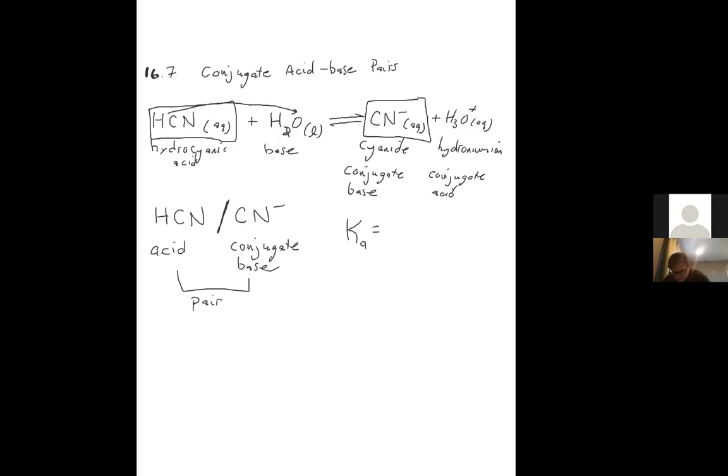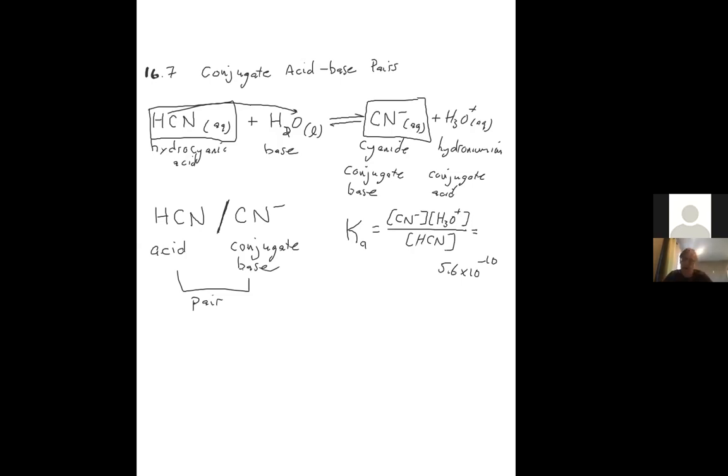So our products are cyanide times hydronium, divided by hydrocyanic acid, right? Products over reactants, water's not included because it's a liquid. Okay, so there's our expression for Ka, and this has a value at room temperature of 5.6 times 10 to the negative 10. As I said, it's a pretty weak acid, has a very small Ka value.